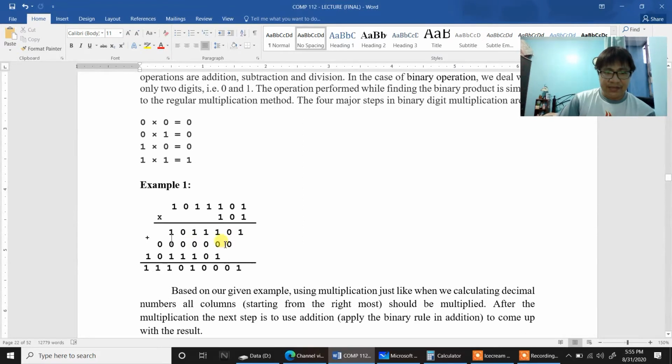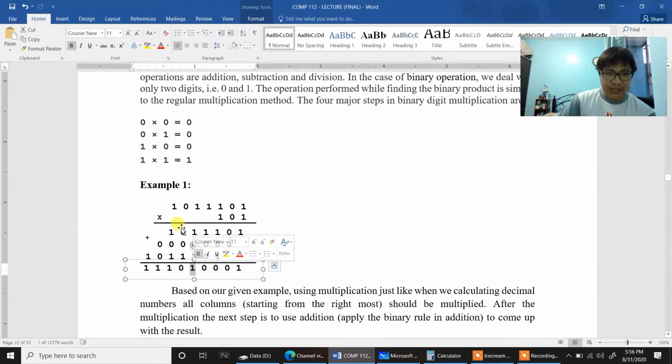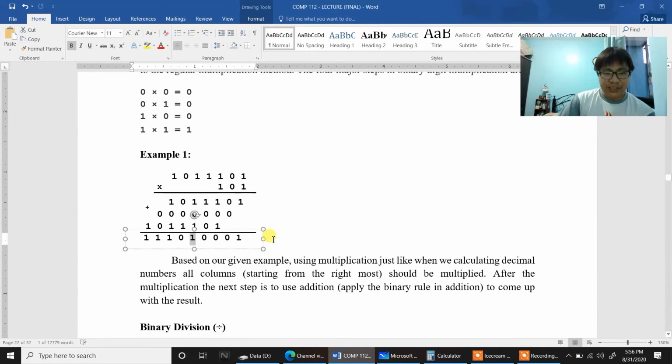So 1 plus 1 is 0, carry 1. Again 1 plus 1 is 0, carry 1 again. If there are three 1s, bring down 1, carry 1. Then 1 plus 1 plus 1 is 1, carry 1, then 0. So that is the result.